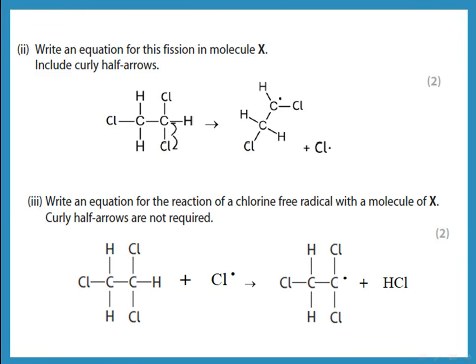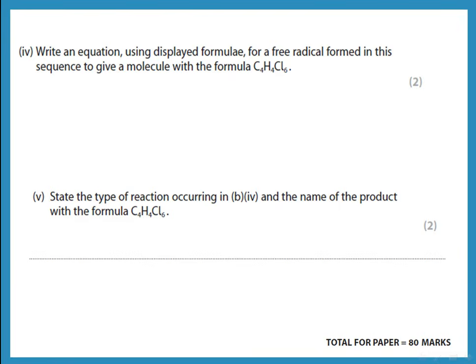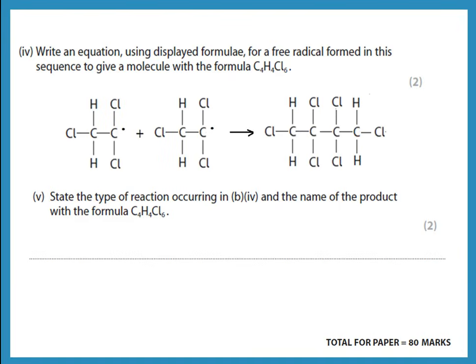That means I need 2 of these joining together to form something that has 4 carbons, 4 hydrogens, and 6 chlorines. Can you see where they join? They join from the 2 carbons that had the free radical. So that second free radical has to turn around and join with the first free radical. So this is the compound that we get.